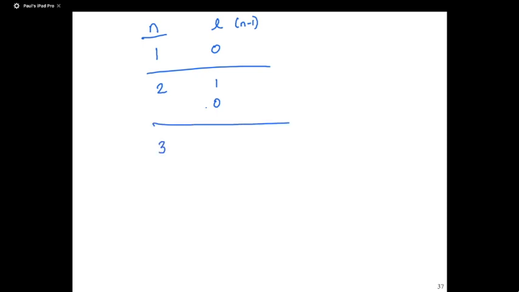If I'm at 3, what are my possible values? 2 or 1 or 0. I'm going to do one more. Level 4, they could be what? 3, 2, 1, or 0. Okay. So let me do this. Can you have a quantum number that looks like this?